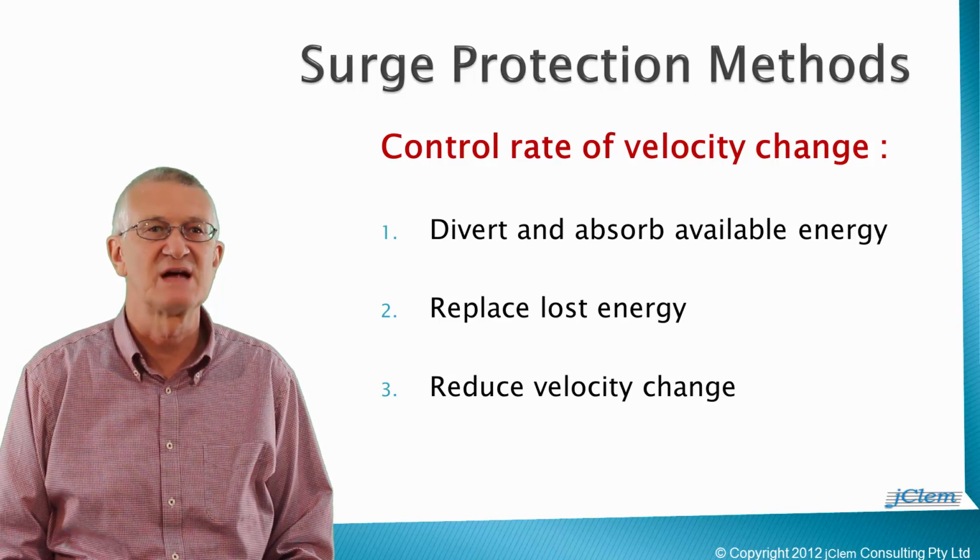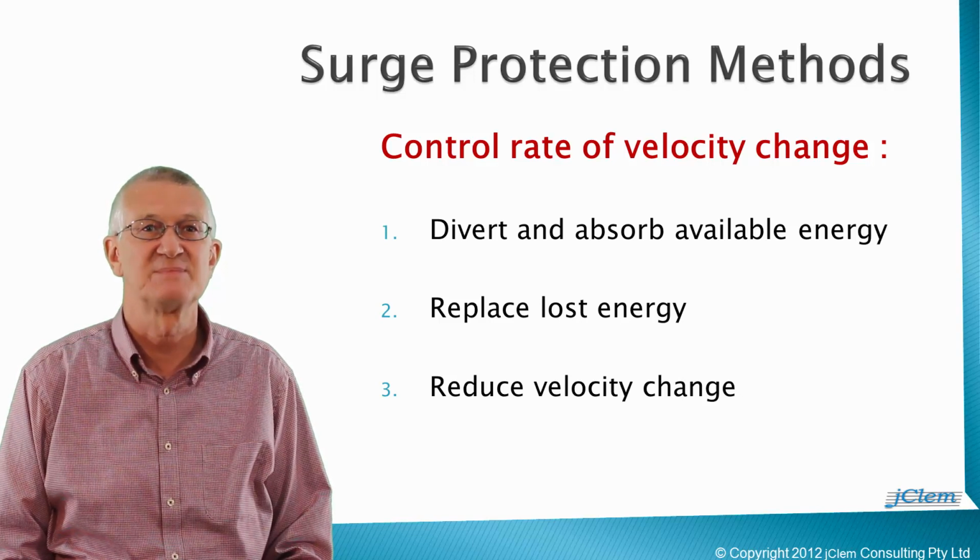In some situations, it may be possible to directly control the size of the velocity change in the fluid system. For example, undersized pipes on a system mean higher initial steady-state velocities. Designing the system with larger diameters directly lowers the size of the velocity change that will occur when a pump stops or a valve closes.